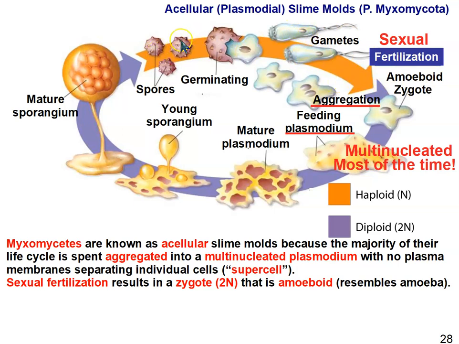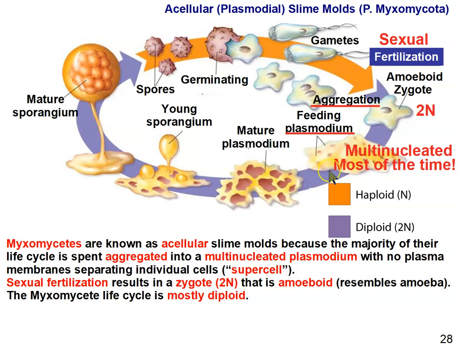So you'll notice in the color coding here, we're in the haploid phase of the life cycle. But when they fuse, they form a diploid. That's what 2N means, right? Diploid, which means the full number of chromosomes. So it forms a diploid amoeboid zygote. So the life cycle, if you look at the color coding, is mostly diploid because they spend most of their time in this multinucleated plasmodium.